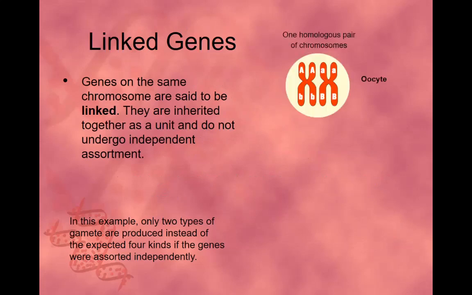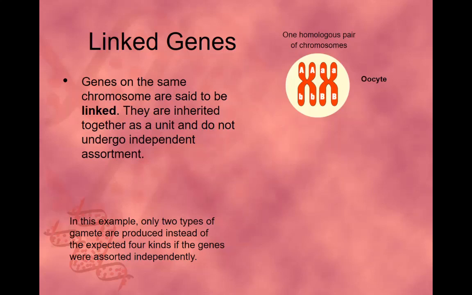If we take a look at this homologous pair, you can see that we have gene A and gene B. Notice that if you get gene A, in most cases you're going to inherit gene B at the same time. So if you have a dominant A in this example, you're going to get a recessive B. If you have a recessive A, you're going to get dominant B.